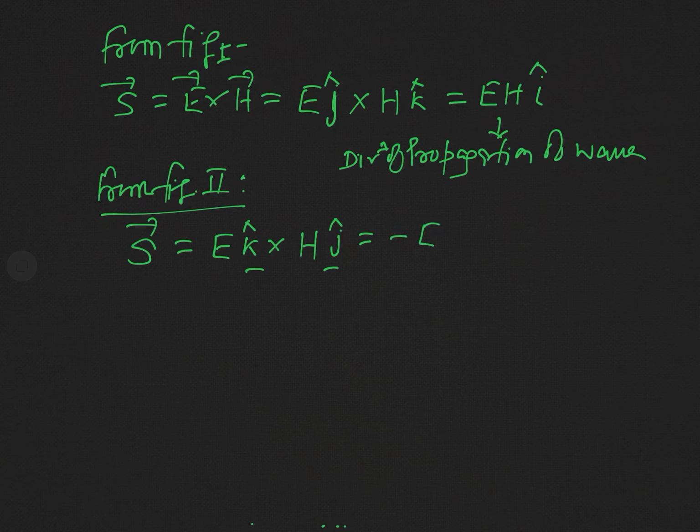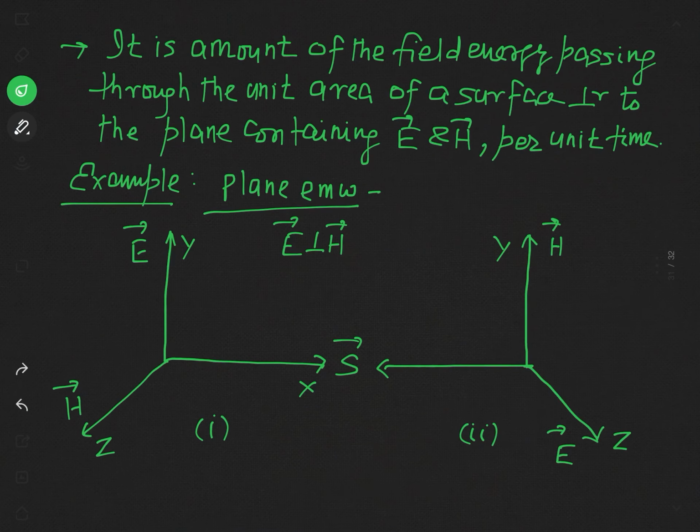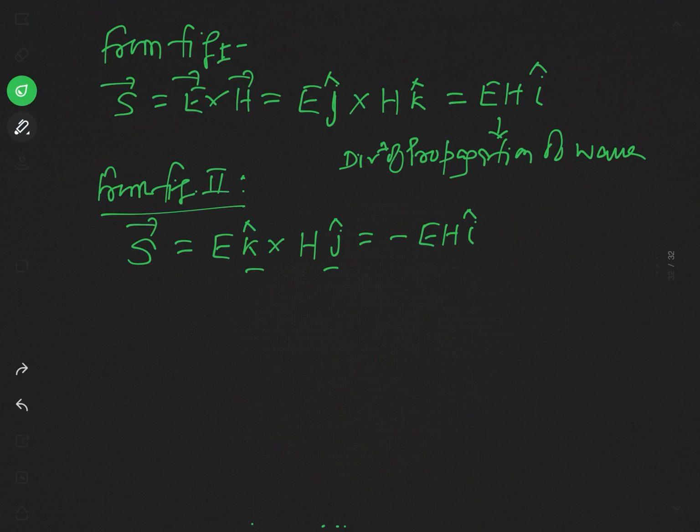So this will be minus EH i. It means in this case the Poynting vector is directed along the negative x direction, and you can see in this figure that it is in the negative x direction, so such a wave is also propagated in the negative x direction.